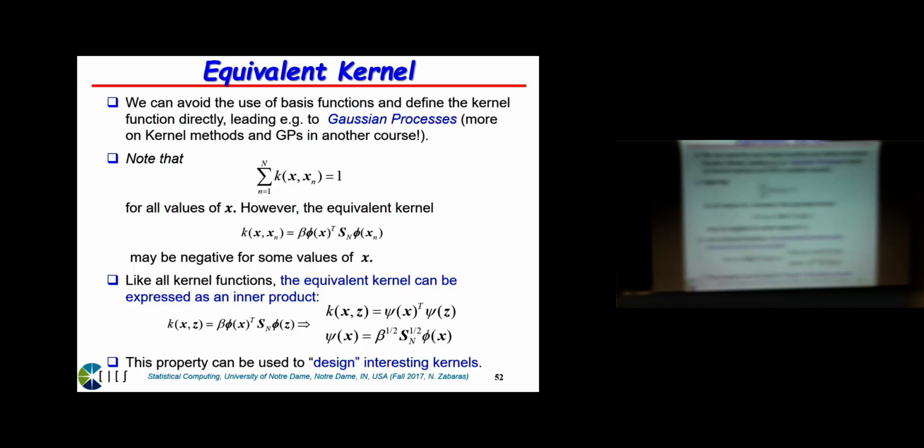The starting point of defining a Gaussian process is to define a kernel. There are similarities with these regression functions, but you don't start with basis functions. You start with the kernel, and starting with the kernel is practically equivalent to using an infinite set of basis functions. So I'd like you to think about this over the weekend.